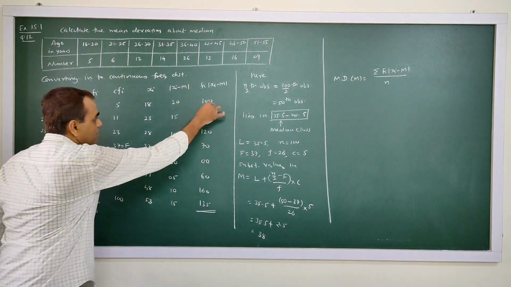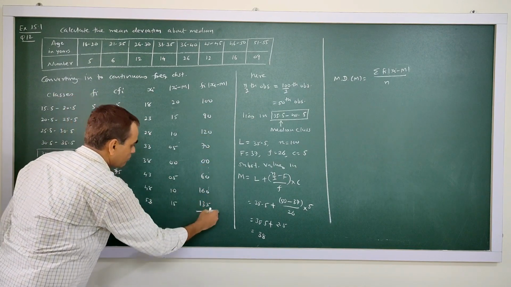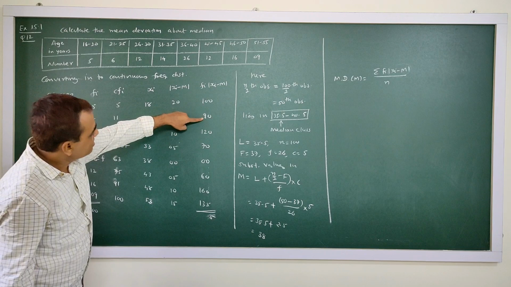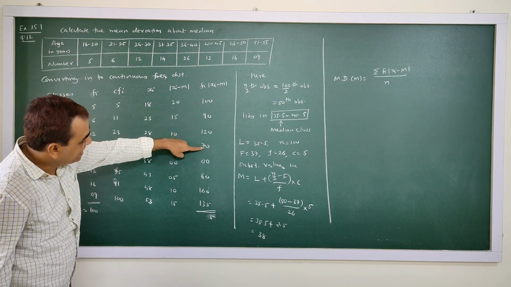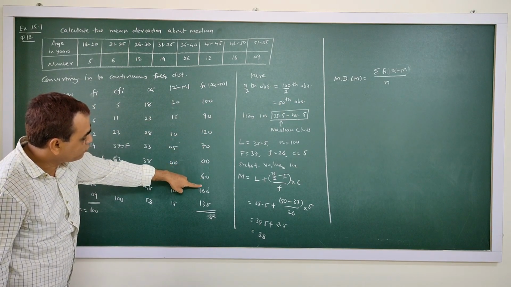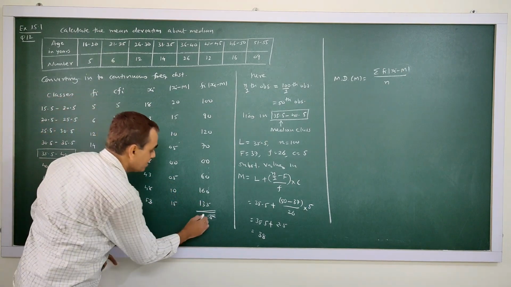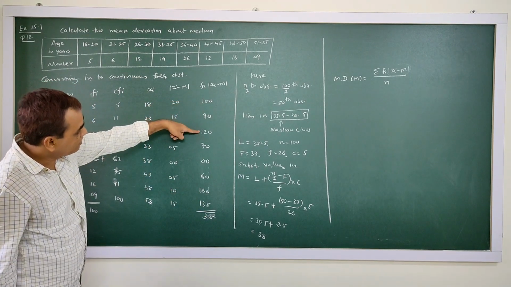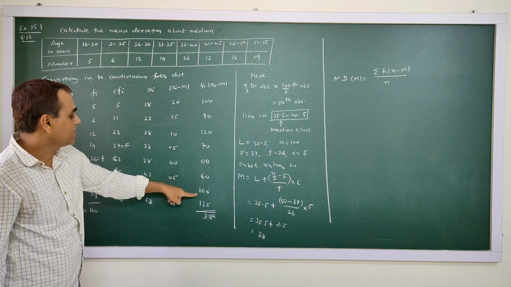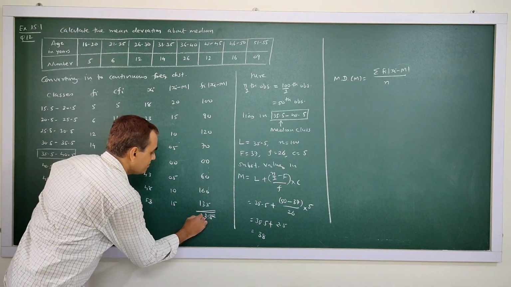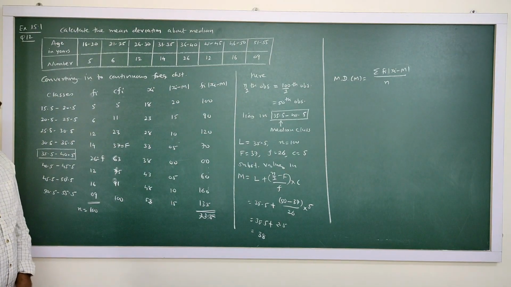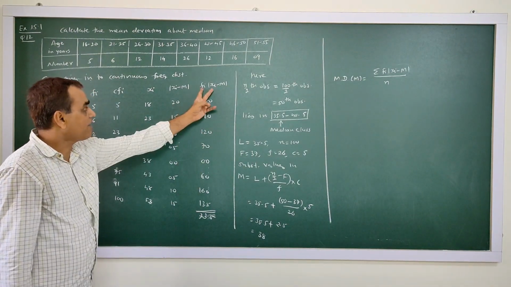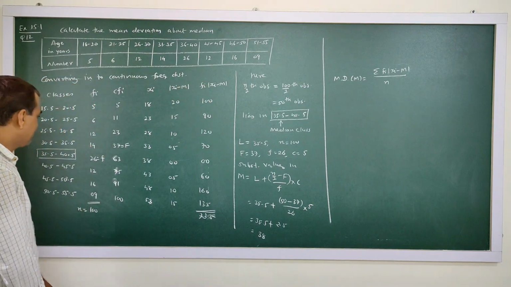So the total is 735. This is sigma fi into modulus xi minus M.